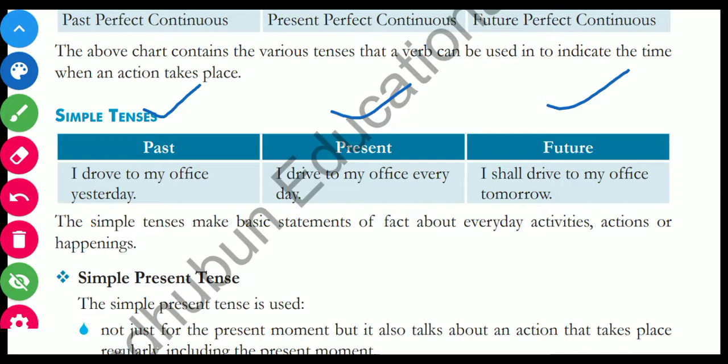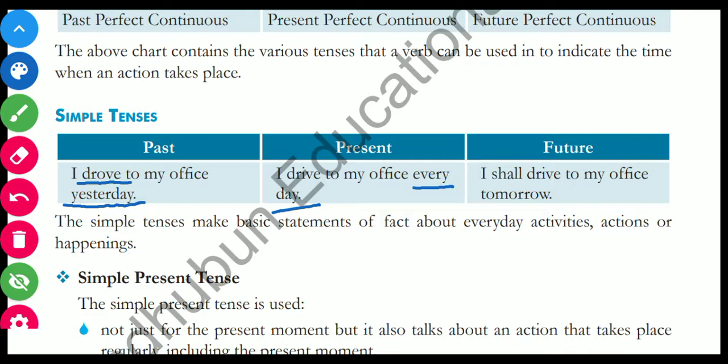Just see in past, I drove to my office yesterday. With the word yesterday, you can understand that it is a day which has already gone. Yesterday means beeta hua kal. And the verb drove shows that the action has already been performed. In present you can see every day. The word every day shows that it is present tense.